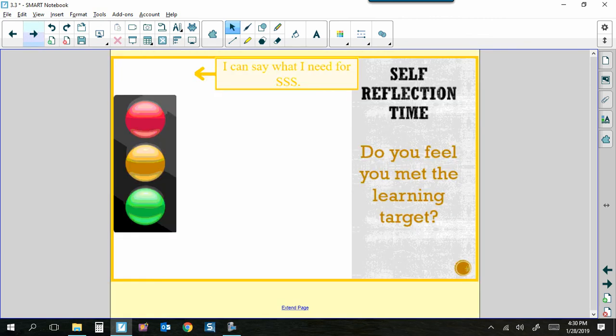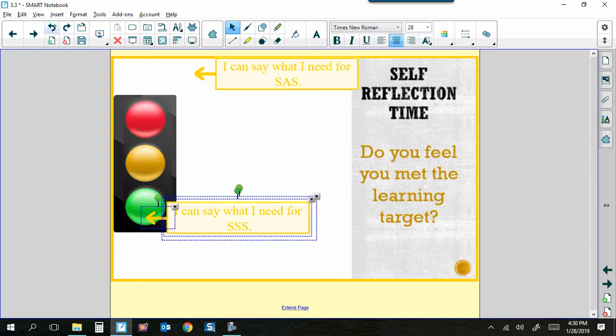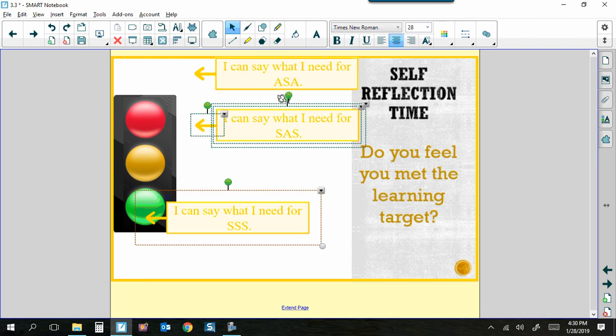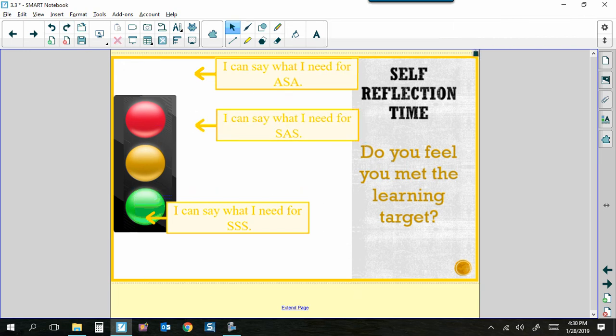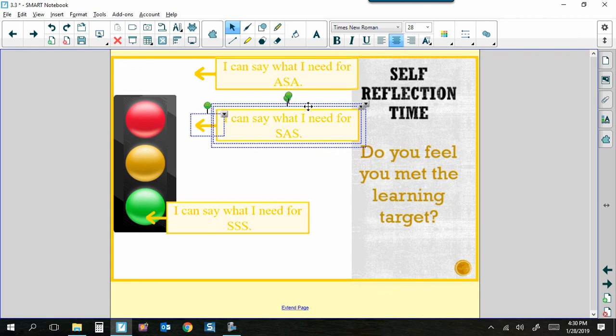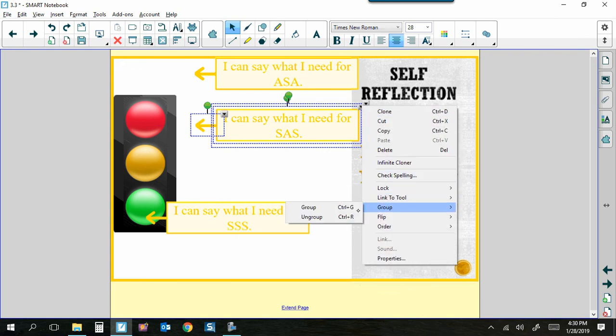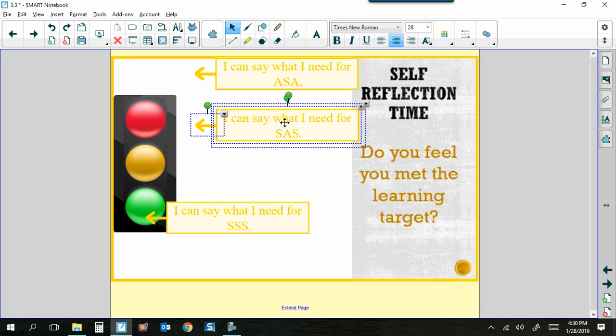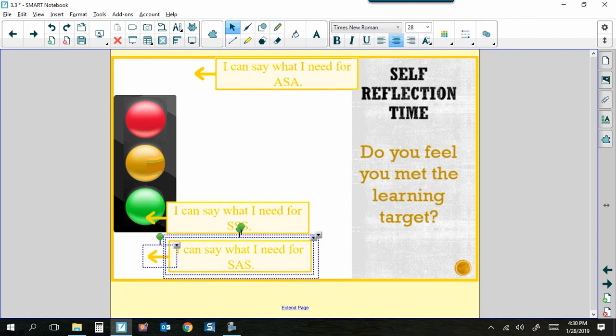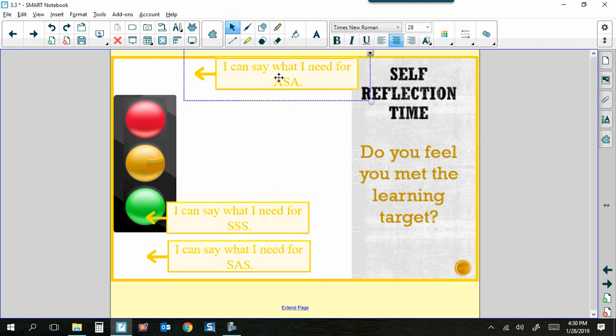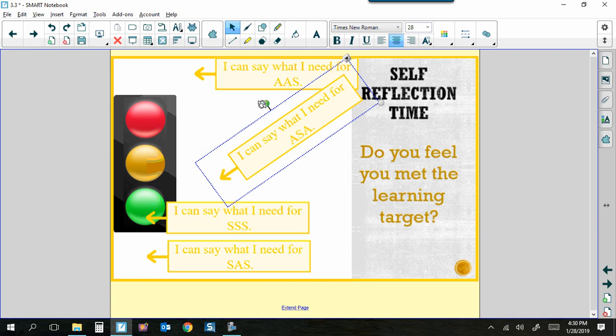So go ahead and ask yourself, do you feel confident in understanding what side, side, side looks like? I hope you're in the green. Do you feel confident in what side, angle, side looks like? Again, hoping you're in that green. And do you feel confident with what angle, angle, side looks like? I swear I could say these letters.